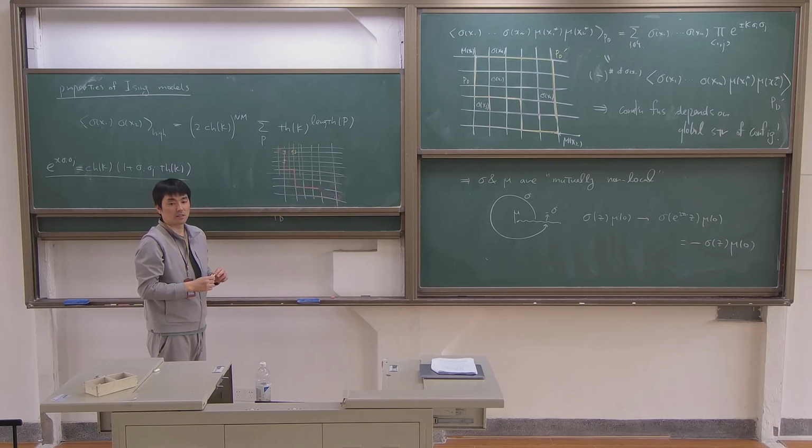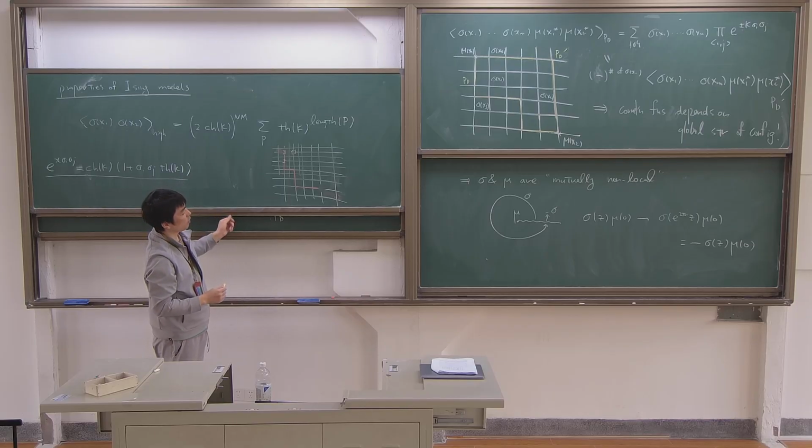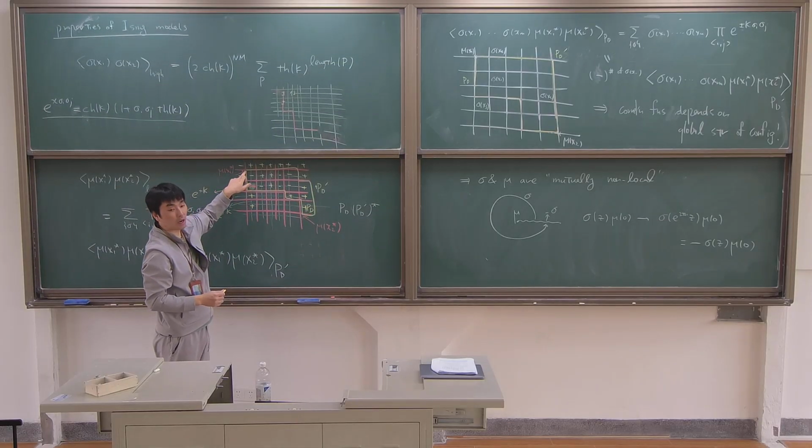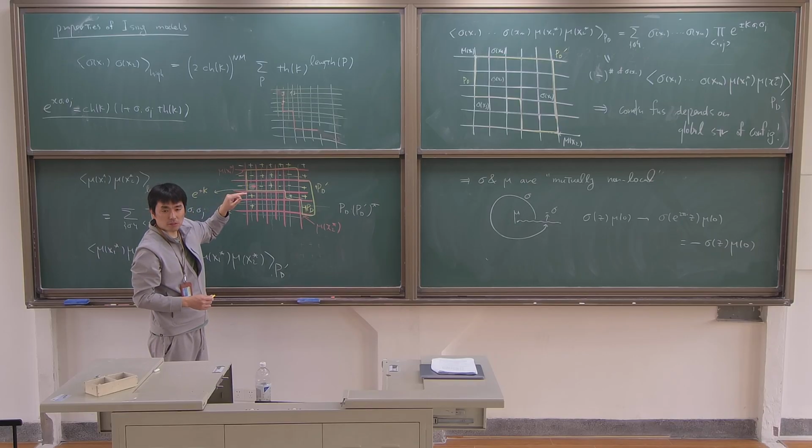What about x1 and x1 star? x1 star is the position in the dual lattice. Could you repeat again? What's the relationship between x1 star and x1?